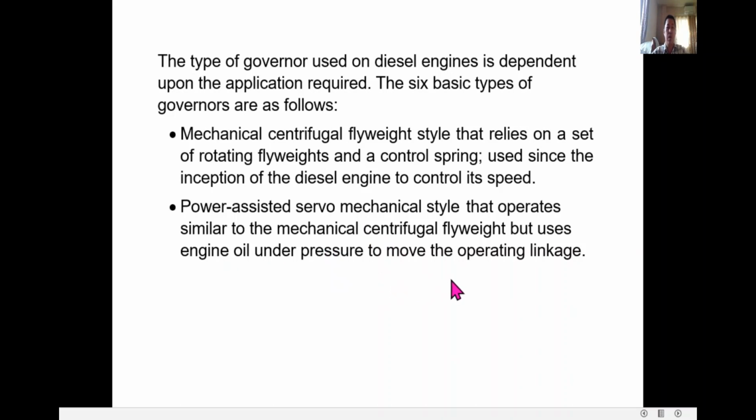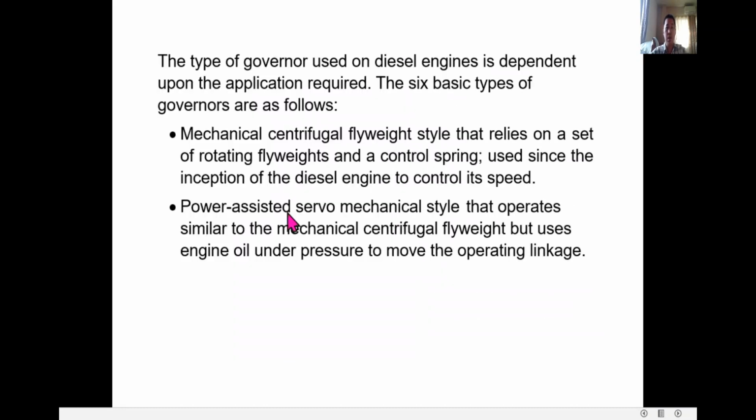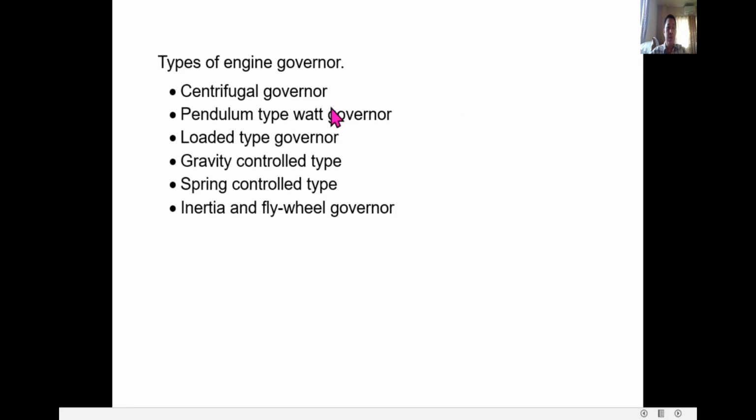So this is called hydraulic, because it uses engine oil under pressure. So the basic six types are already here: 1, 2, 3, 4, 5, 6.